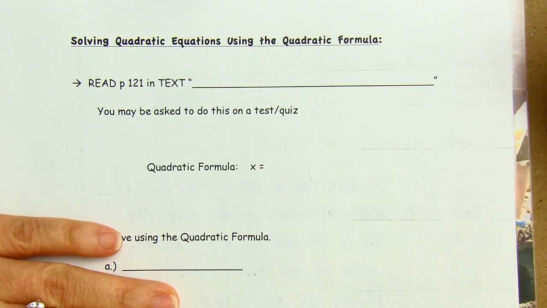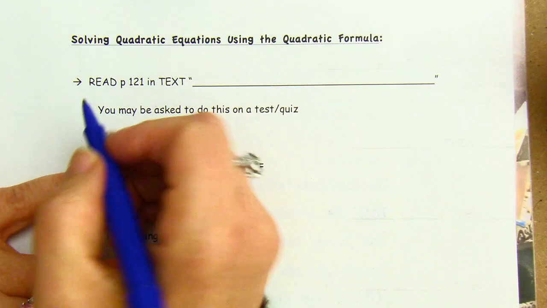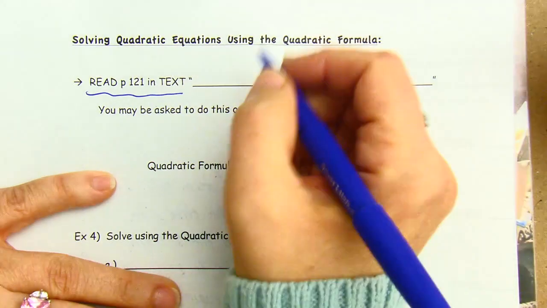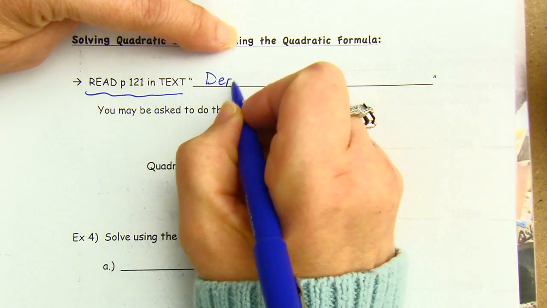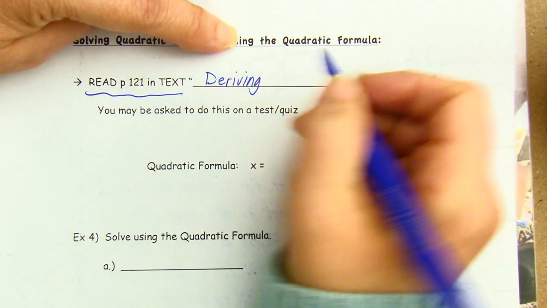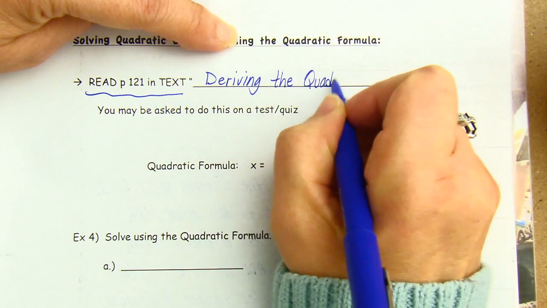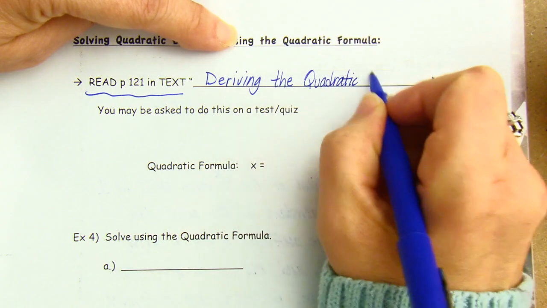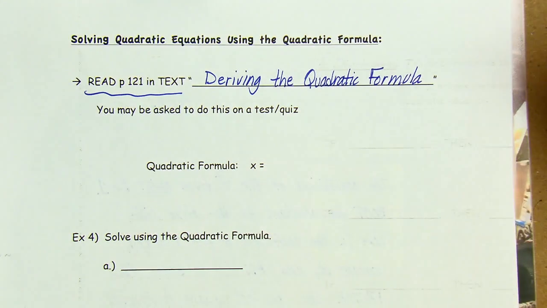So this part here says solving quadratic equations using the quadratic formula. And in your textbook, I would like you to read this thing called deriving the quadratic formula. I will probably at some point go through that, and I may give you a pop quiz and just ask you to derive the quadratic formula.